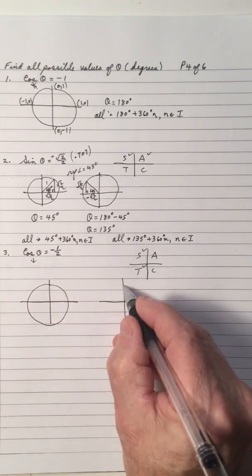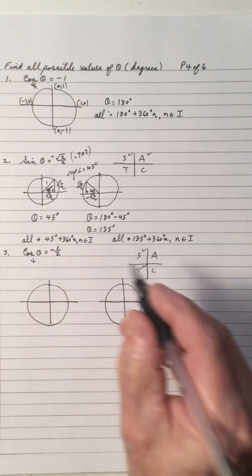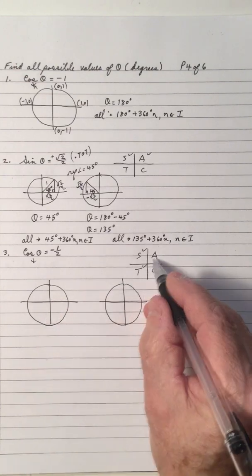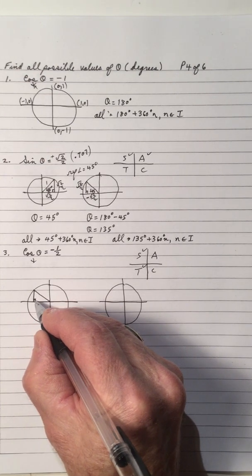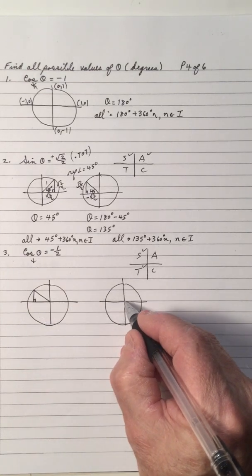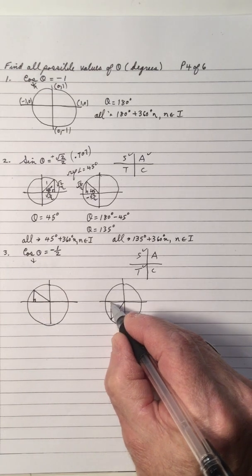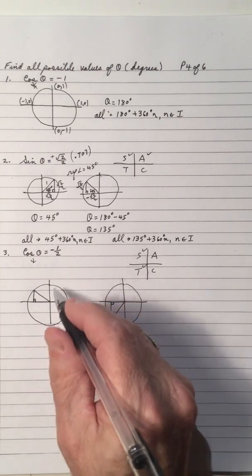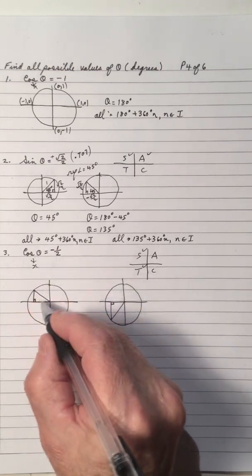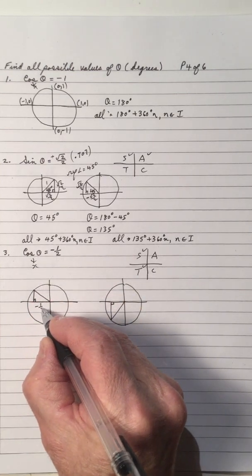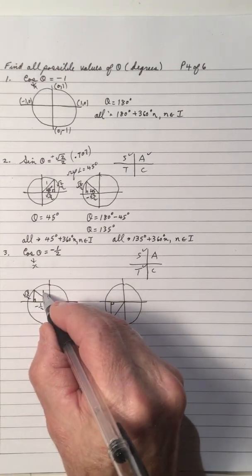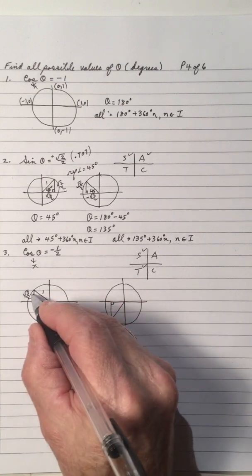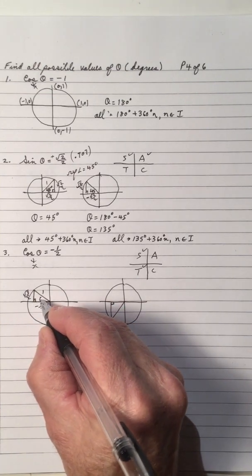Let's draw the circles. And we have in quadrant 2, there's the terminal arm. There's the perpendicular to the x-axis. In quadrant 3, there's the terminal arm and the perpendicular to the x-axis. And cos is the x, so x is -1/2. So this side is √3/2, and that's a 1. So that means that opposite √3/2 is 60.